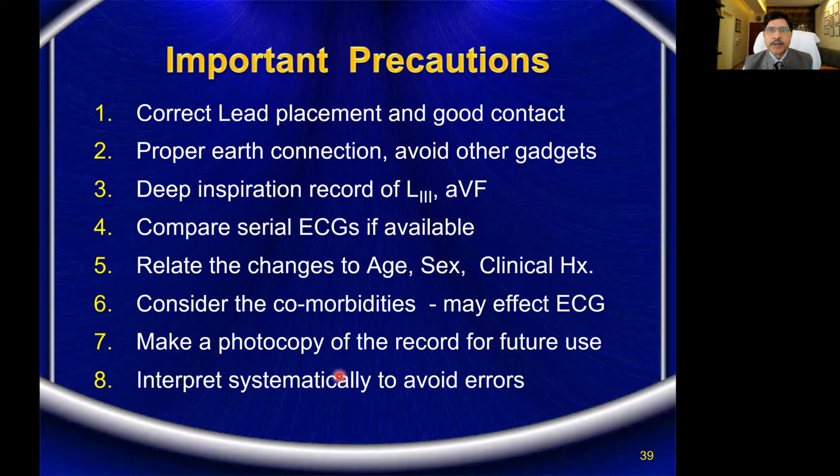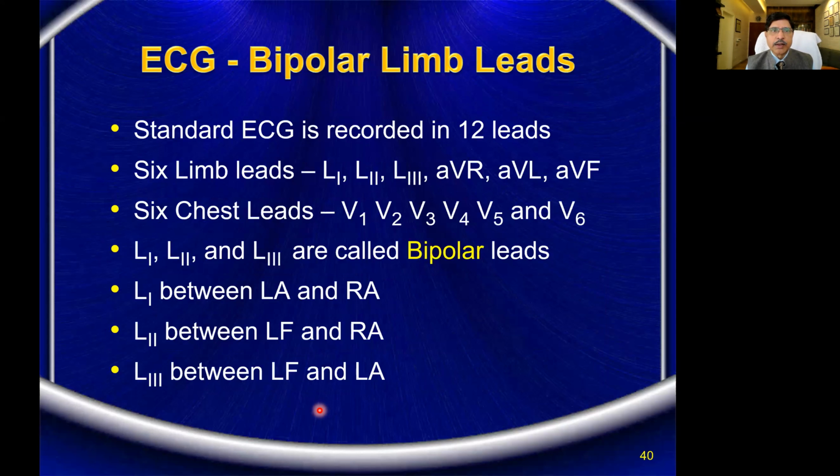We know correct lead placement, good contact and proper earth connections. We do deep inspiration in L2, L3 and AVF. Compare serial ECGs. Relate the changes to age, sex and clinical history. Consider the comorbidities, particularly electrolyte disturbances. Keep a photocopy and interpret systematically to avoid errors.